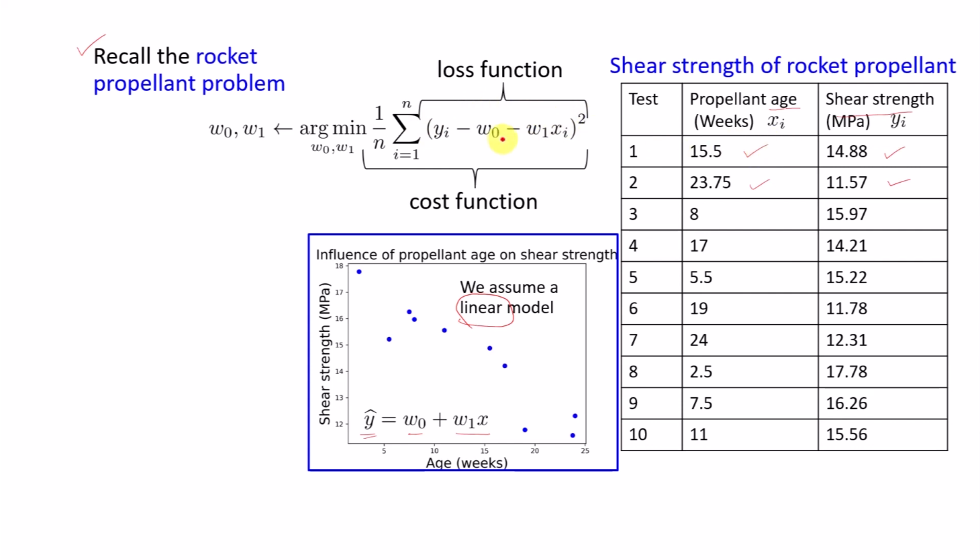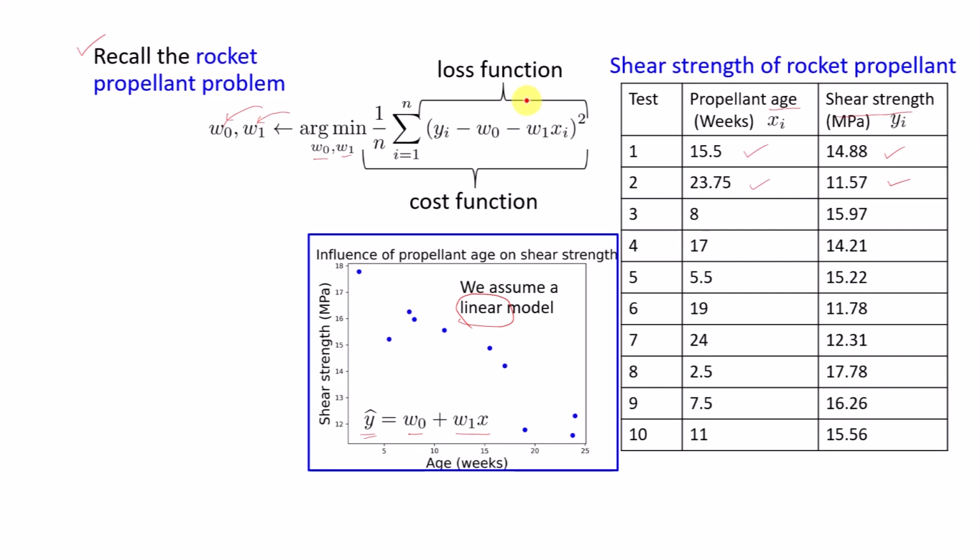Every dataset has its own loss function, and the average of this loss function is something that we call the cost function. The values w0 and w1 which will minimize the cost function, we are only interested in that kind of values here. Now in the previous lecture we have discussed how to find these values by minimizing this cost function.